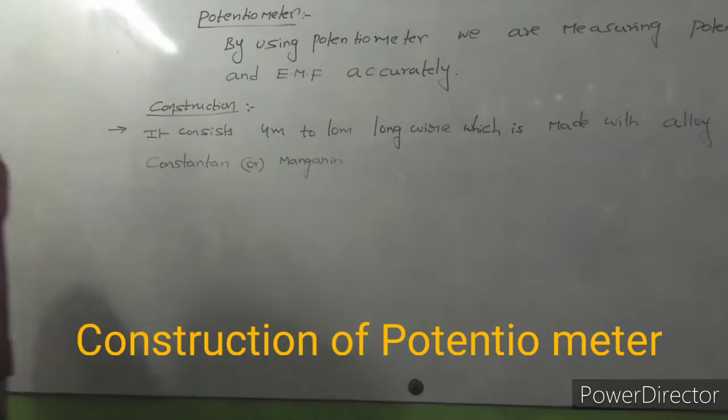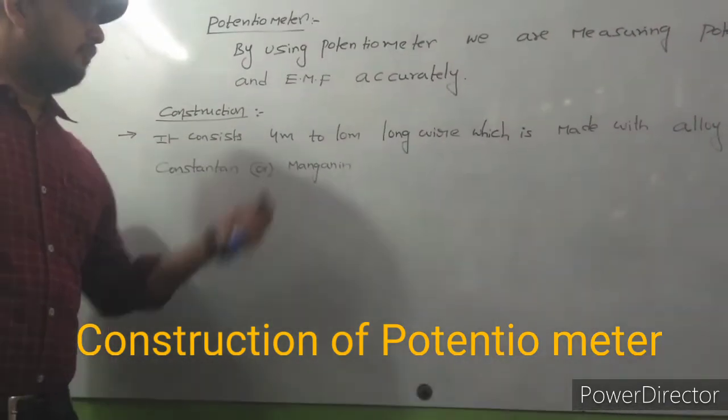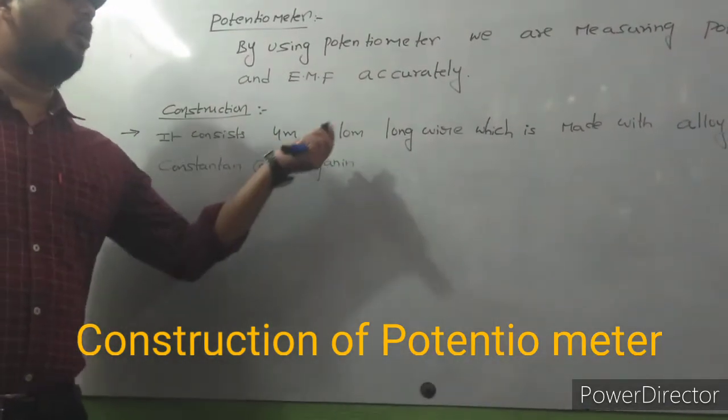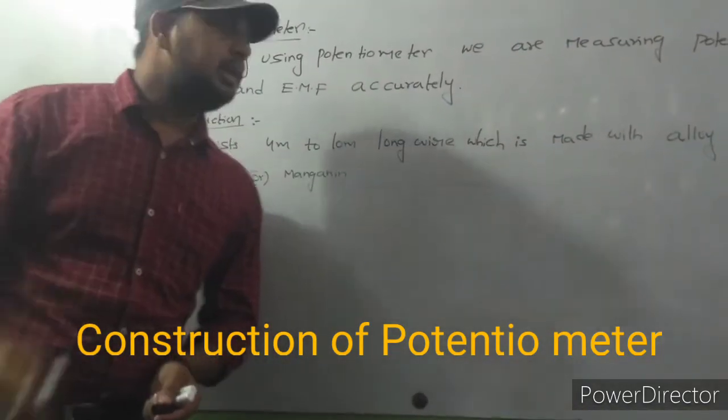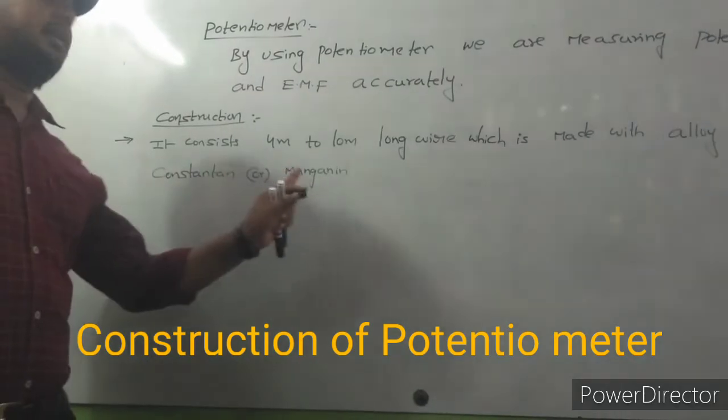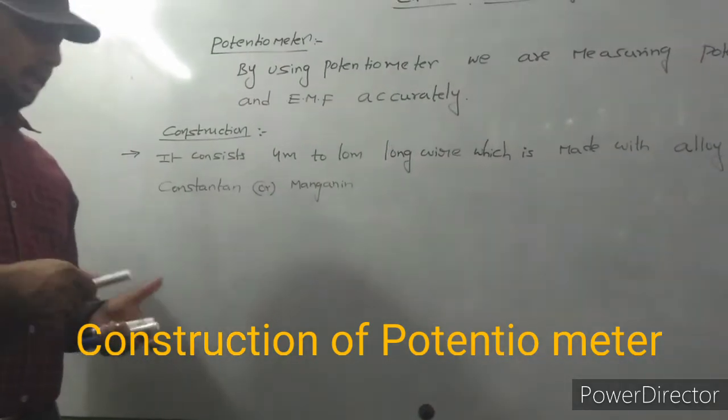So mainly the potentiometer wire is made with an alloy which is Constantan or manganin. By using this material we make it.